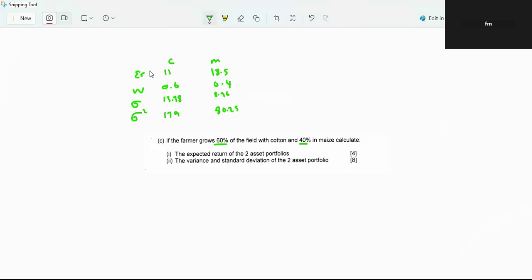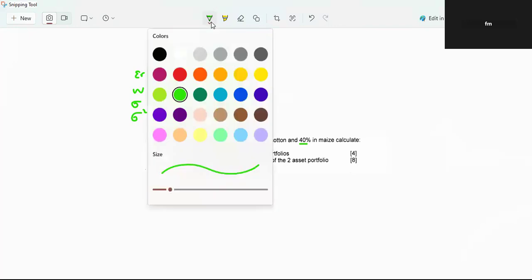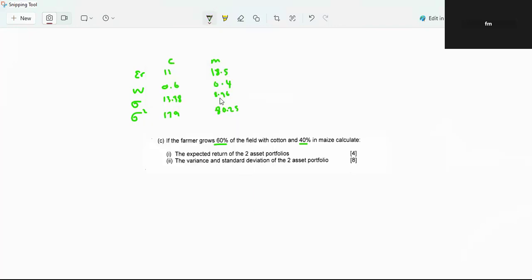With this information, we've now been asked to calculate two important things. Number one, the expected return for the portfolio. The portfolio expected return is simply the return multiplied by the weight.